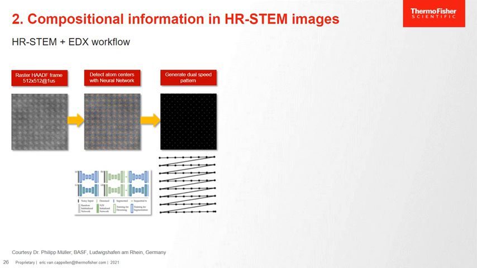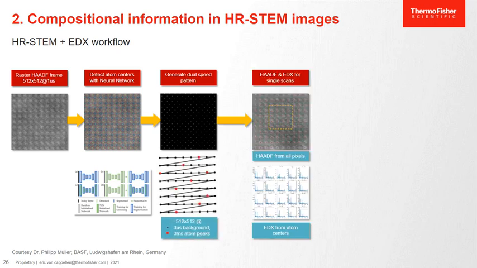What do I mean with dual speed? Well, in between the atoms, we scan with 3 microseconds background, and on the atoms with 3 milliseconds, so 1,000 times longer on the atoms than in between the atoms. From that, we can now do HADF and EDX, so HADF in between the atoms and EDX on the atoms.